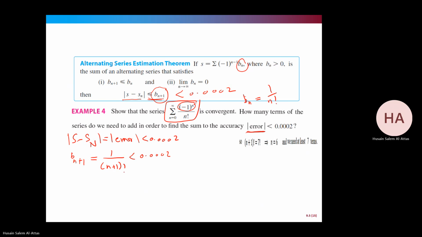It is 2 over 10,000, which is 1 over 5,000. So I want (n+1) factorial to be greater than 5,000. When is that true?